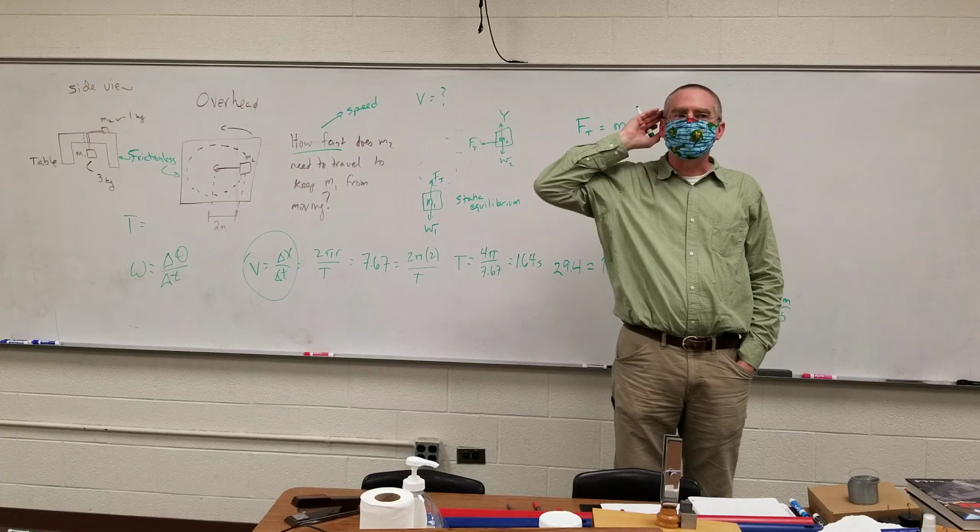So the angular speed, that probably would have been what you used in the lab, angular speed is 2 pi radians divided by how long it took to go around, which was 1.64. And we end up with 3.835-ish.